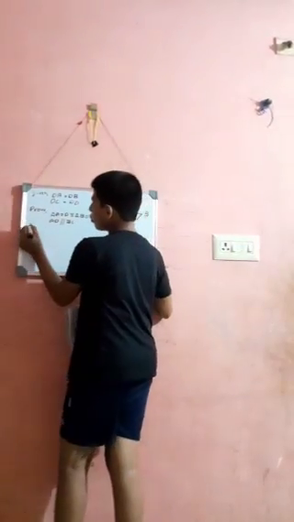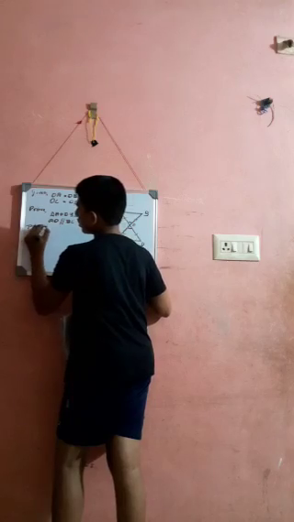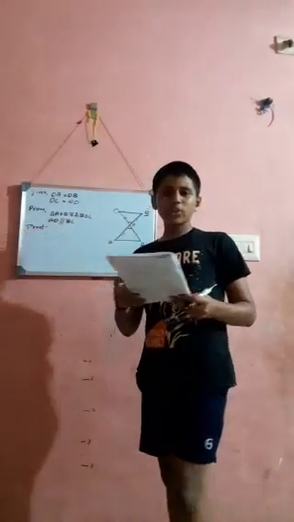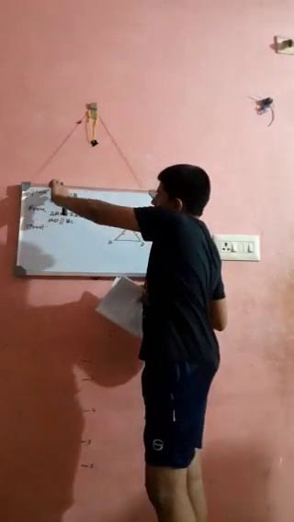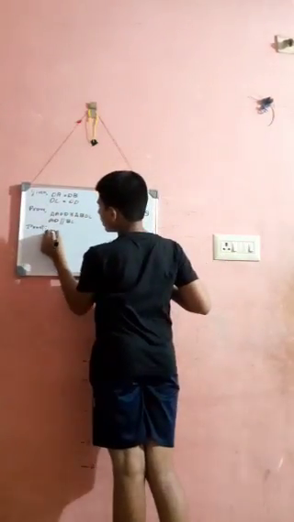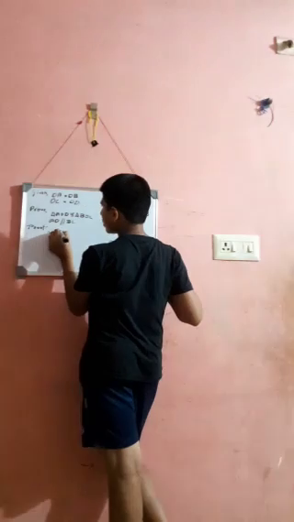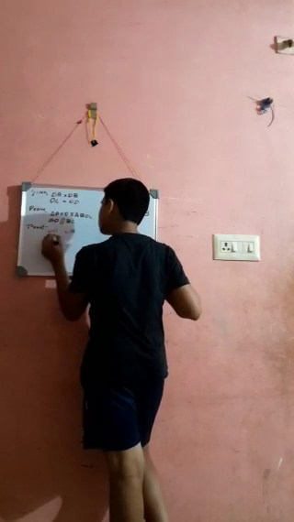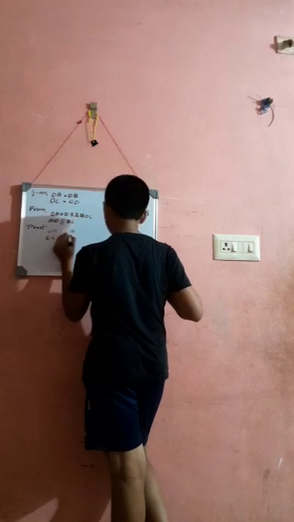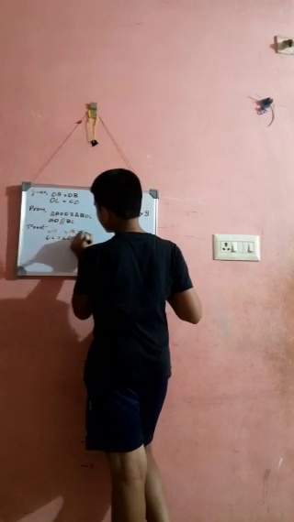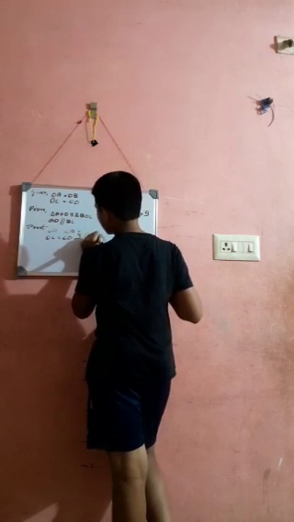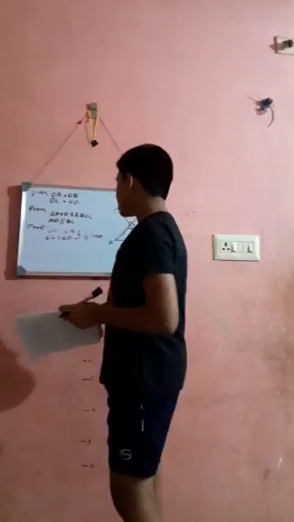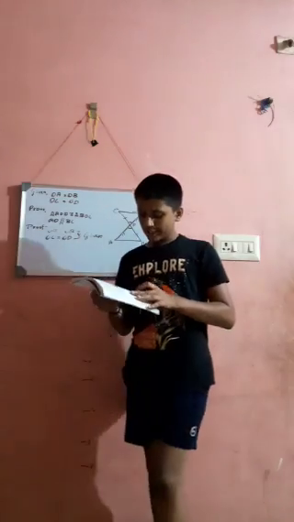What is the proof? We need to write first what is given: OA is equal to OB, OD is equal to OC, which is given.